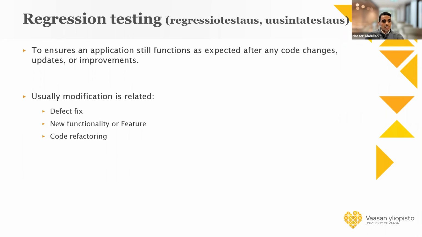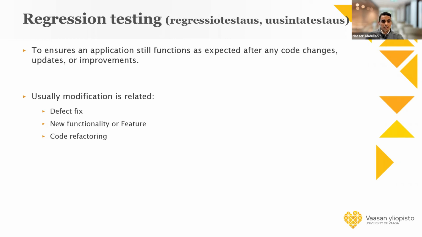So before the last one is regression testing. Regression testing is needed when, after you test your application, some change happens. For example, a defect is fixed. You don't have to test the whole application, so here you do regression testing.